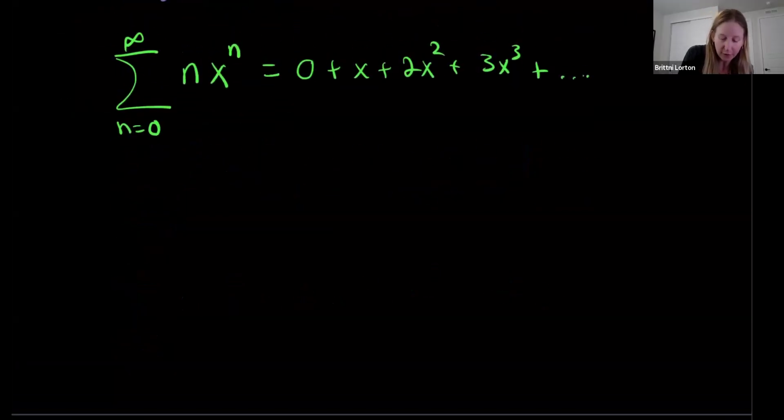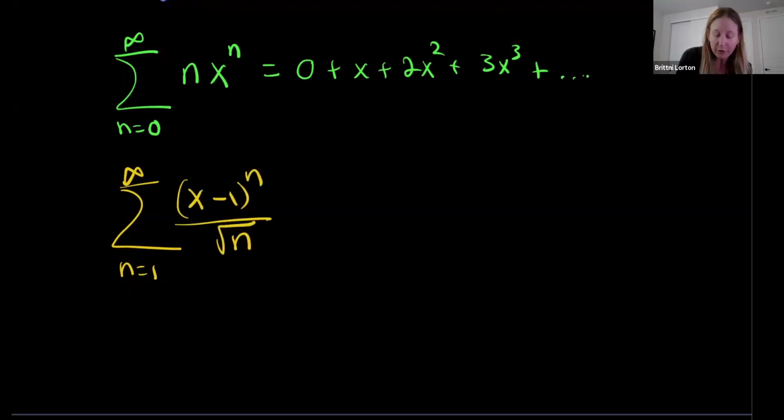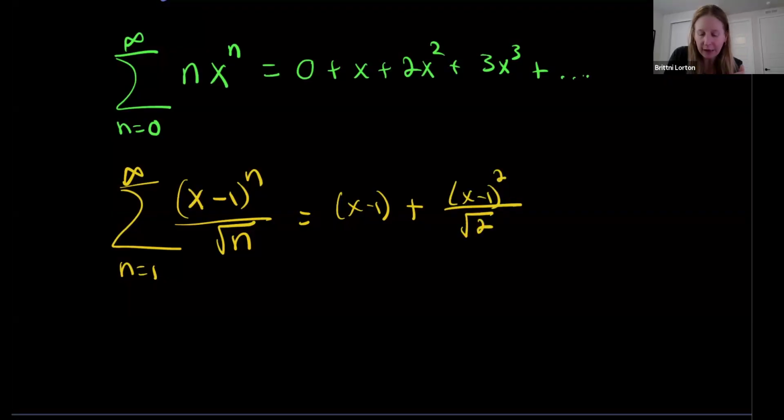You could also have some other ones where perhaps you have built-in fractions, the sum from n equals 1 to infinity of, we can even maybe shift our center, let's say x minus 1 to the n over the square root of n. If I plugged in 1, I would get x minus 1, plus if I plugged in 2, I would get x minus 1 squared over the square root of 2. And so in that case, your coefficient was 1 over the square root of 2, etc.